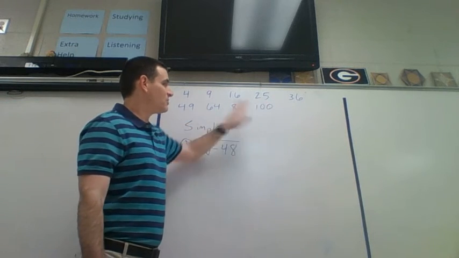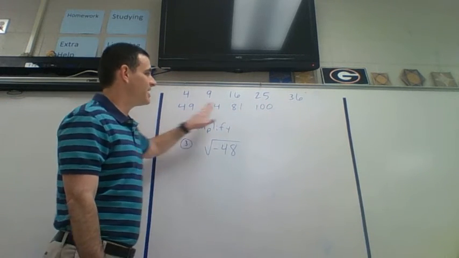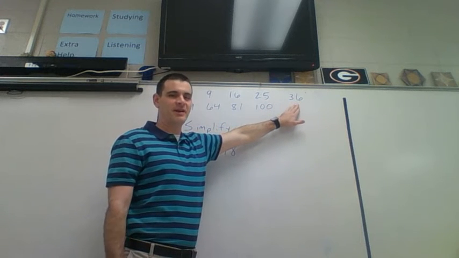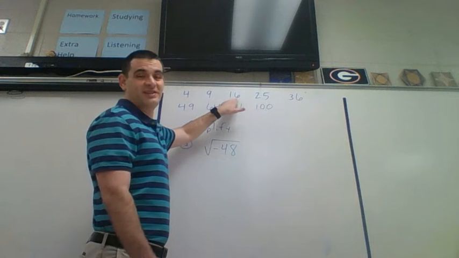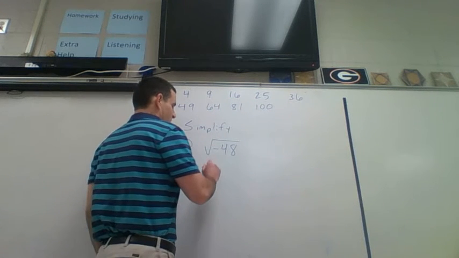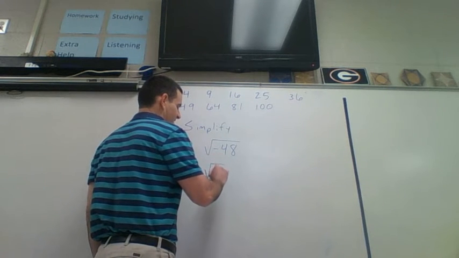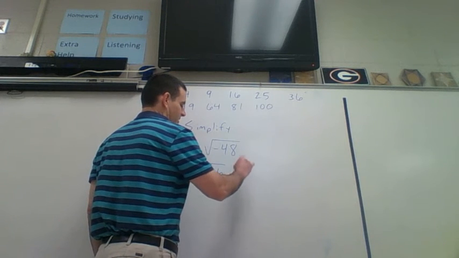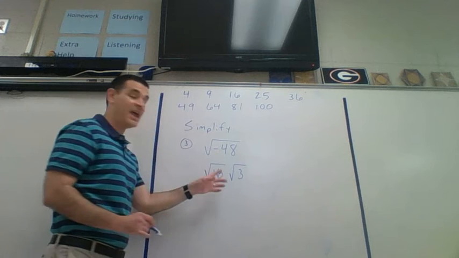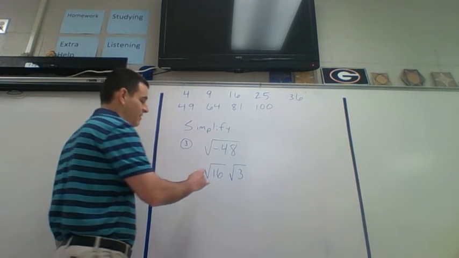So we'll go backwards. Too big, too big, too big, too big. 36 is less than 48, but it doesn't go in there. If you do 48 divided by 36, that's a decimal. But 16 does go in there. So what it's going to be is 16 and 3. Now, technically, there's a negative somewhere. I'm just going to leave it right here.